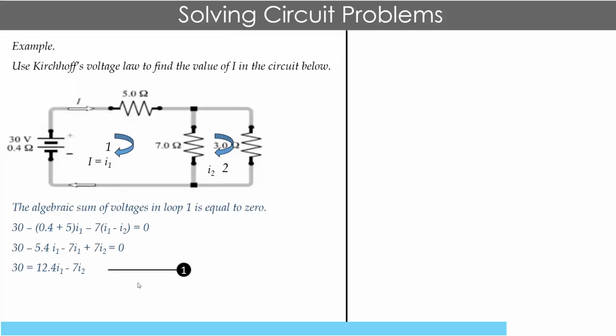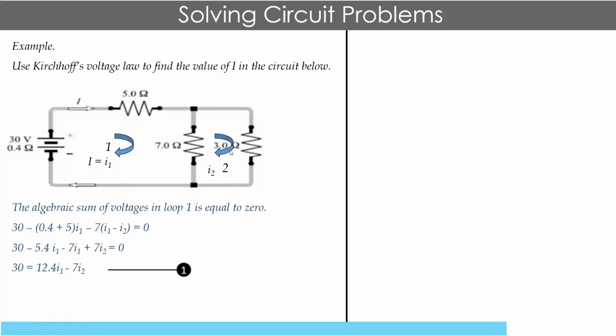To go further, we could look at the second loop, loop 2, and in this loop we see that we've also taken a clockwise direction for the flow of the current, and we call that current I2.